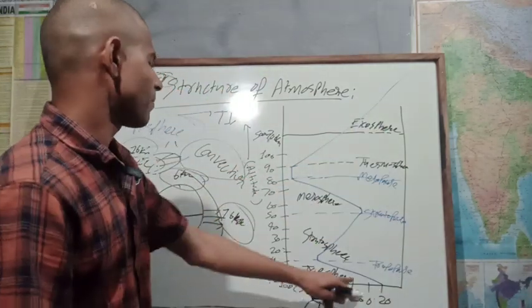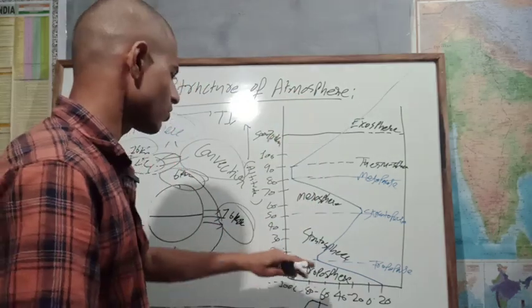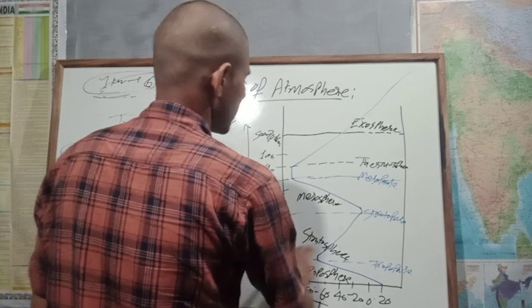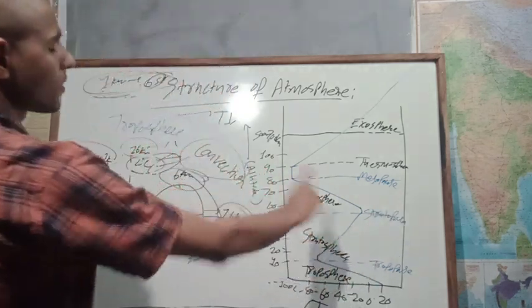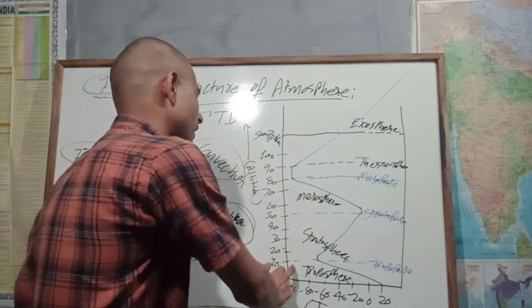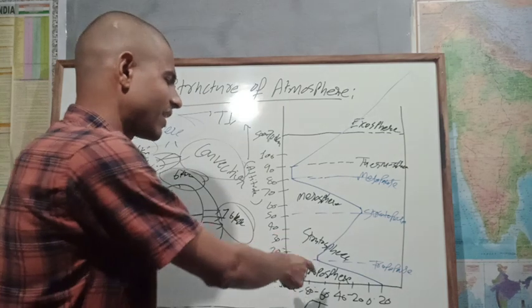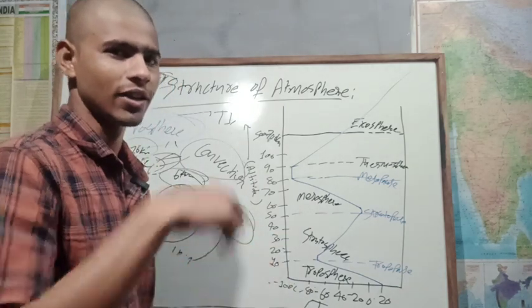Here the temperature for some point of time is constant, then in the stratosphere the temperature increases; why, I'm going to tell you. Did you get why in the troposphere the temperature decreases? I'll also tell you another reason why the temperature decreases, but not here, in the next topic.